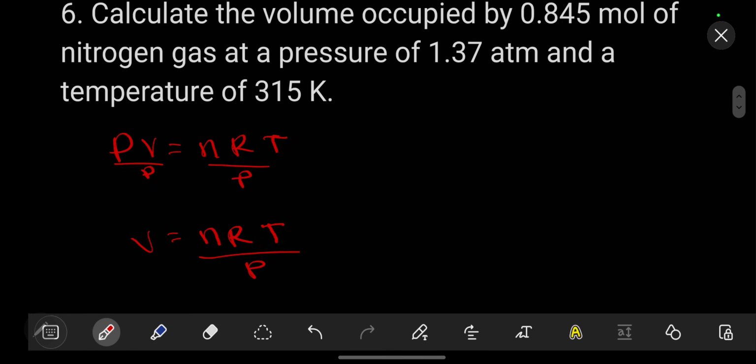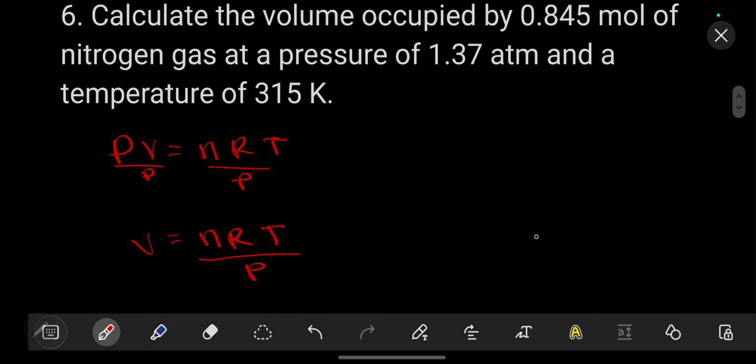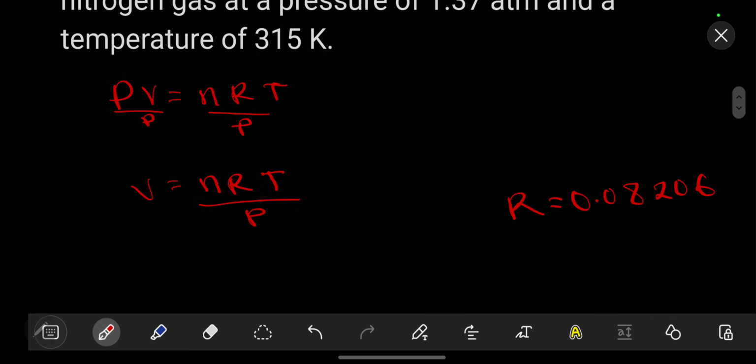Provided that the pressure is in atmospheres, we are always going to be using R of 0.08206. This is the one that we are going to be using throughout in this video.